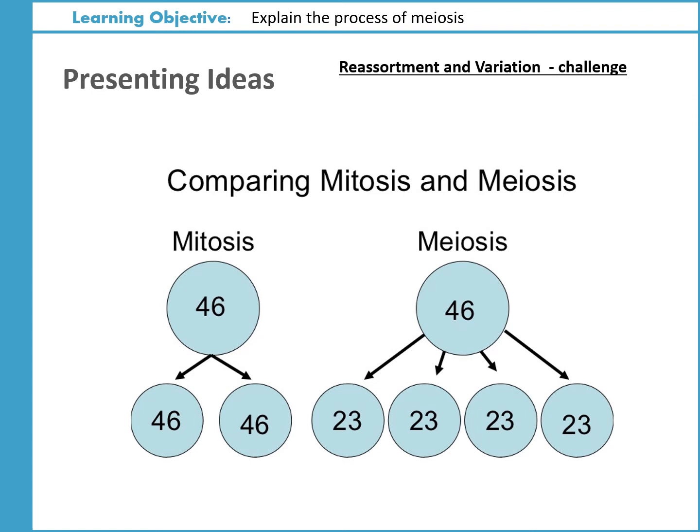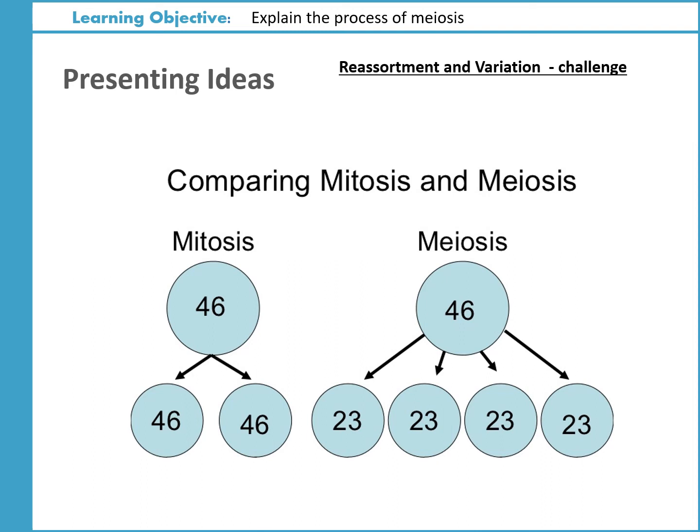However, in meiosis, the doubled chromosomes split into 4, each of which has only 23 chromosomes, and each of those new cells is genetically different to each other.